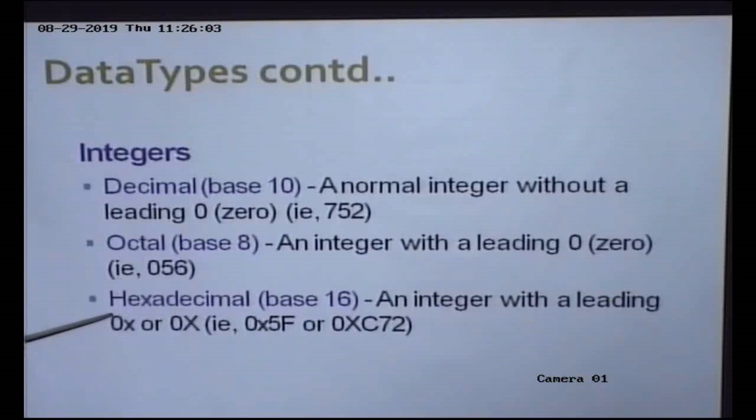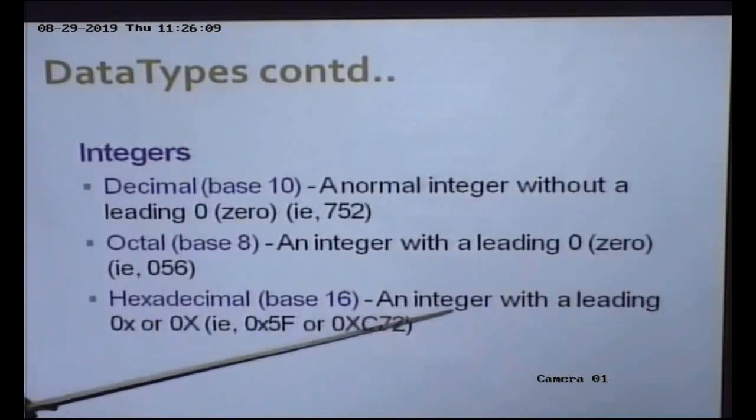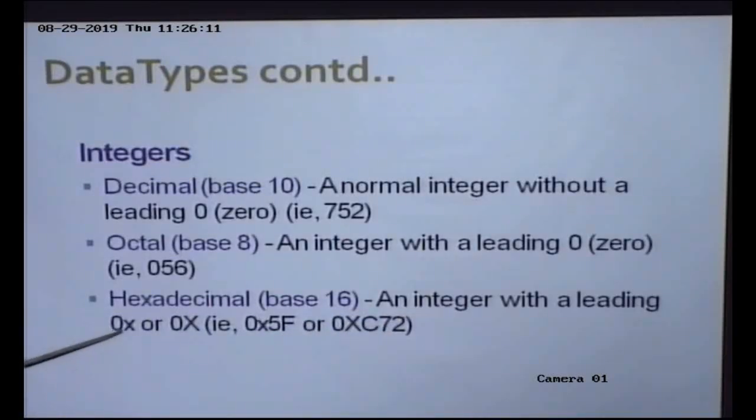Next is hexadecimal. How can we define a hexadecimal? An integer with a leading 0x, with a small x or a capital X. This x represents hexadecimal. If it is only 0, then it represents octal.